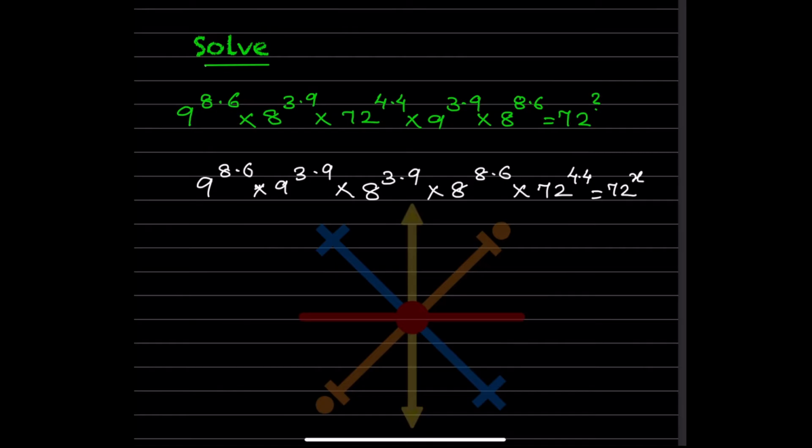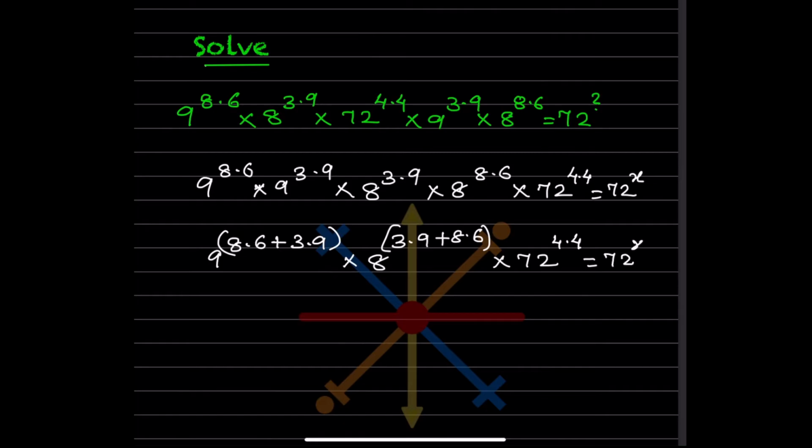So now let us do 8.6 plus 3.9 multiplied by 8 into 3.9 plus 8.6 into 72 raised to 4.4 is equal to 72 raised to x.